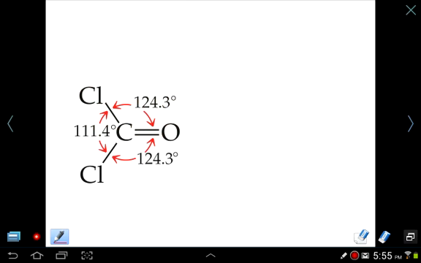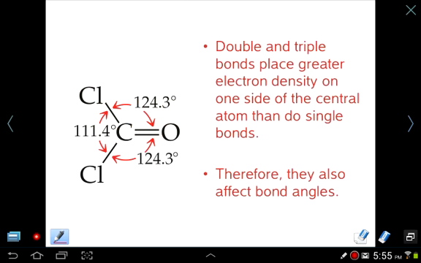A similar thing happens if you have a double bond. A double bond representing 4 electrons puts a greater electron density. And the double bond is fixed, this is not a case in which there is resonance. If you have resonance, then all 3 of these bonds, recall, will be equal.